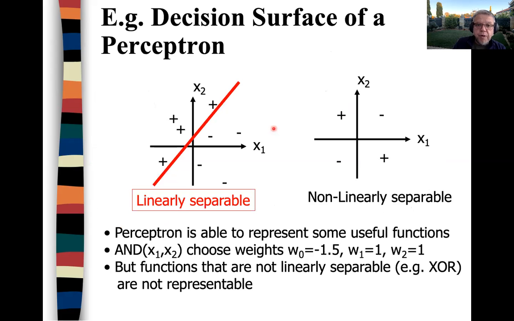So for example, if this is your feature space, x1 corresponds to a certain feature, x2 corresponds to a certain feature, and to distinguish between one class and another, you can just draw a line.